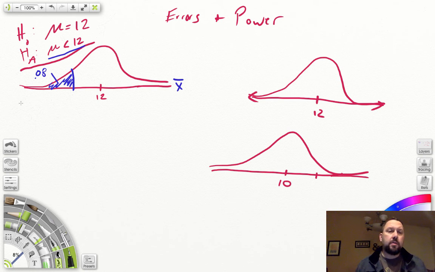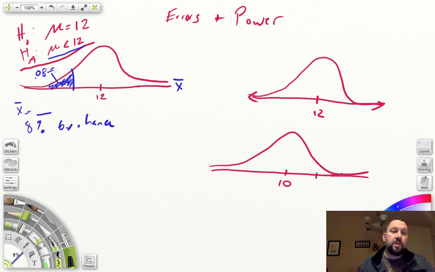Let's say I got an X bar of some number, the likelihood that this happened, assuming that the null is true, is that it should only happen 8% of the time by chance. All right, so is 8% likely to happen or not likely to happen? Since 8% is not that unusual, we're going to say that the difference that we saw here could have been just due to chance.